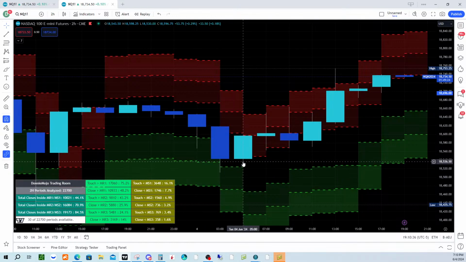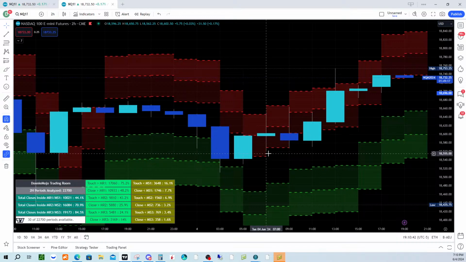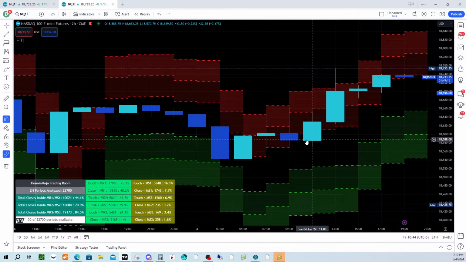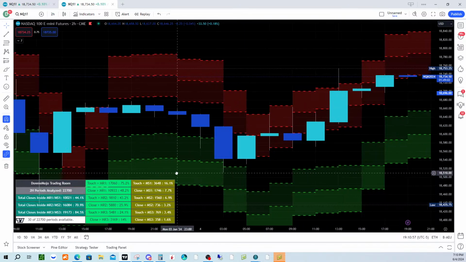So it blew through there, and it closed above the MR1. So same thing here, blew through and closed above. Then we got the next one that blew through and closed above. So this is a really strong market right here.